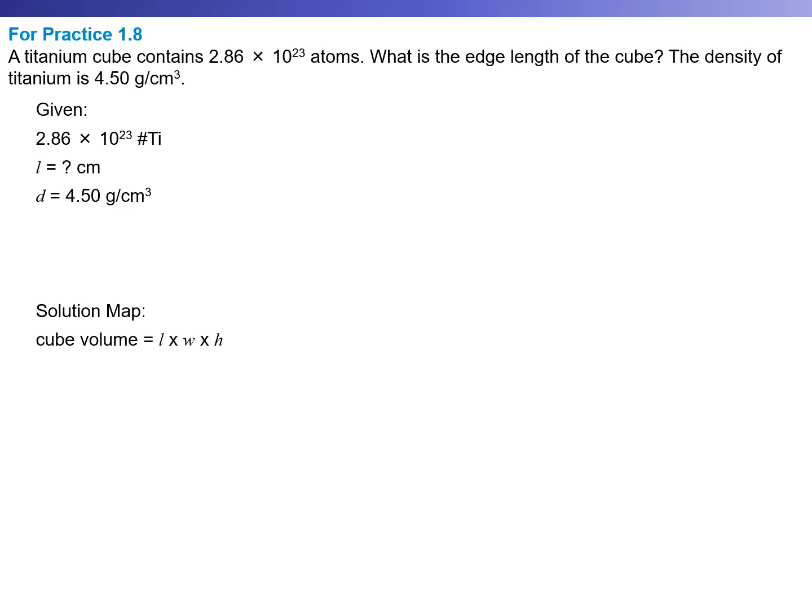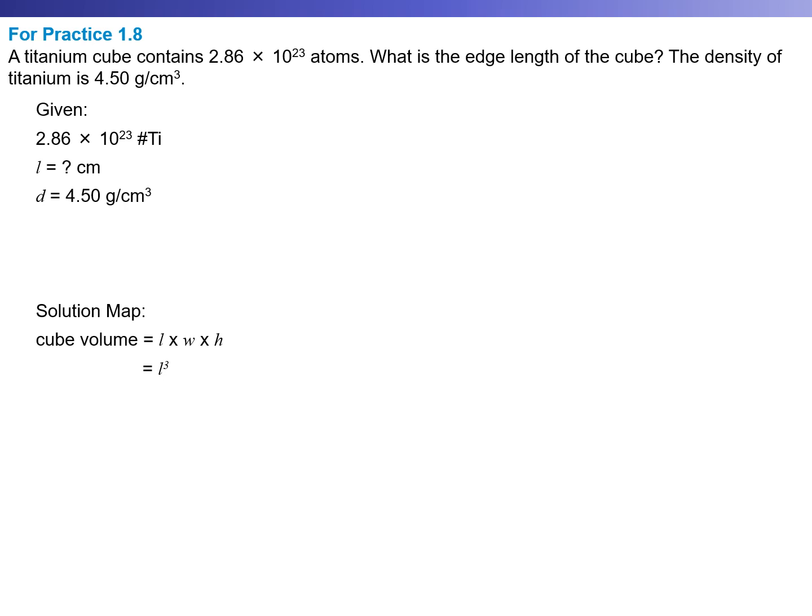It's a volume measurement. Because this is a cube and not something like a rectangle or some other odd shape, the length is equal to the width, and it's also equal to the height. So another way to write this is to say the length cubed is how we're going to calculate the cube volume. That's going to become important to us later on.